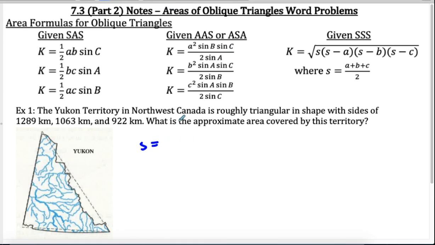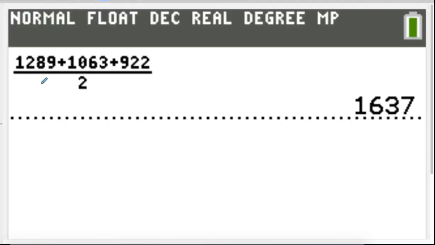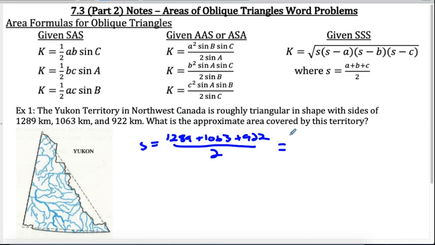S is the semi-perimeter. So I'm just going to add all three sides up and divide that by 2. So if we put that in the calculator, we get 1,637. So then I can take that value and plug it into my area formula.